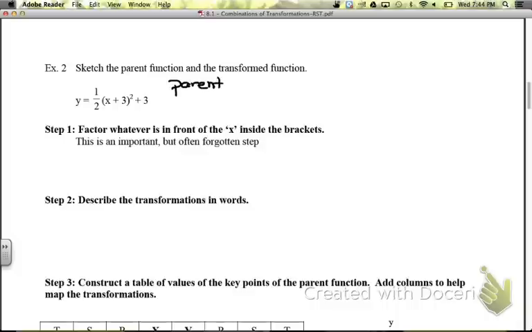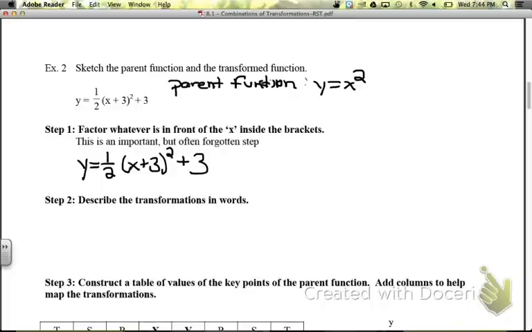Well, since we have a squared there, we know our parent function is y equals x squared, so it's just another quadratic. So step 1, factor out whatever's in front of the x inside the brackets. Is there anything in front of the x inside the brackets? No, so we don't need to factor anything out, so I can just rewrite this as above.